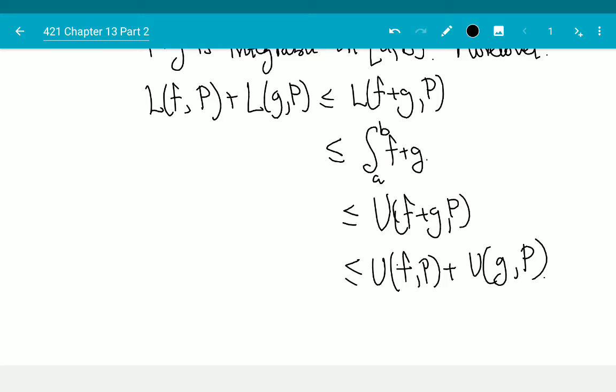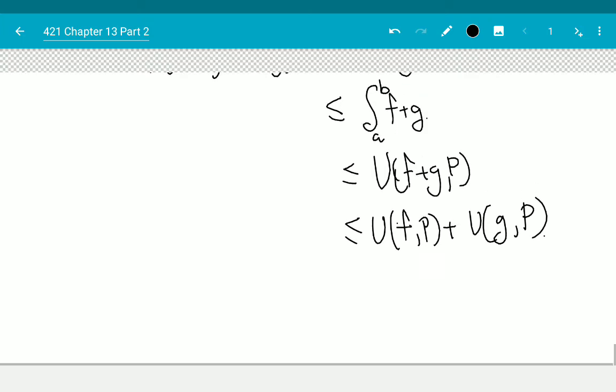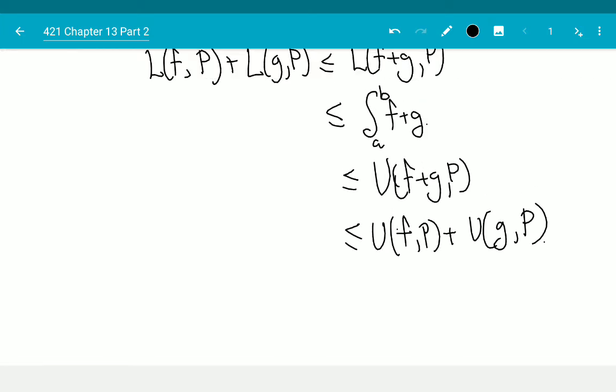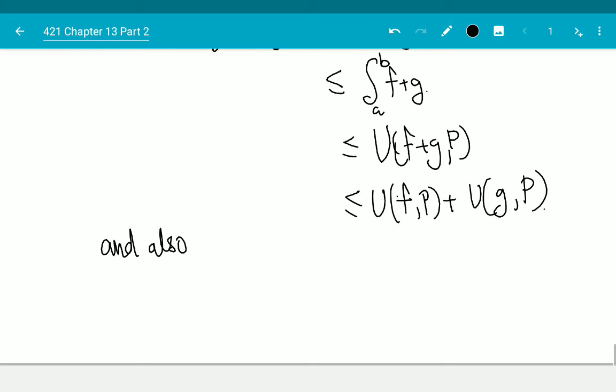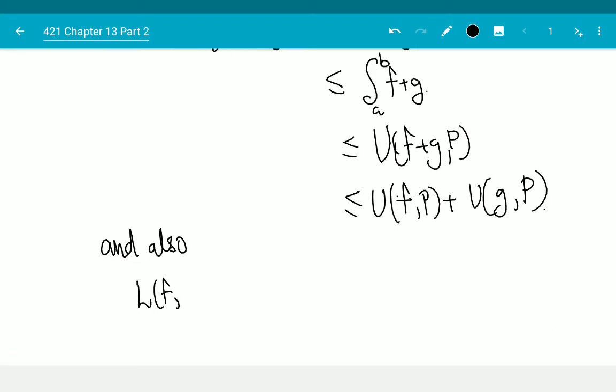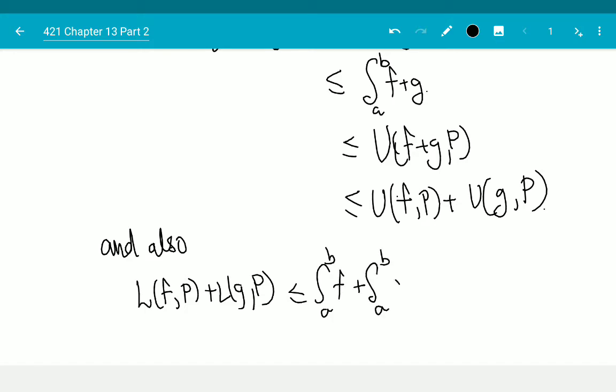smaller than or equal to U(f,P) plus U(g,P). I get that this lies in between these two, where in the limit the infimum matches up. And also by addition, L(f,P) plus L(g,P) is smaller than integral a to b of f plus integral a to b of g, which is smaller than or equal to U(f,P) plus U(g,P), right?